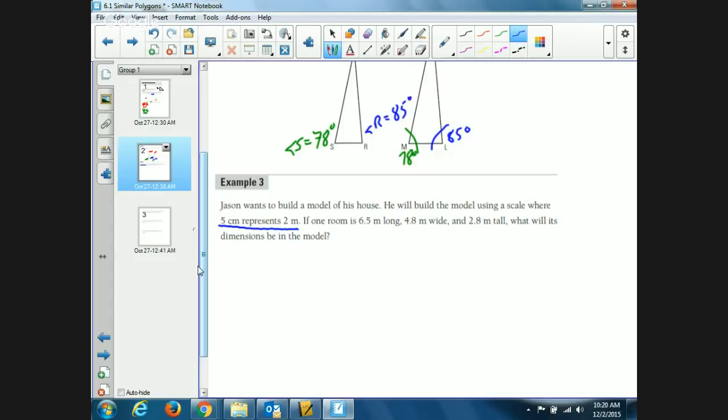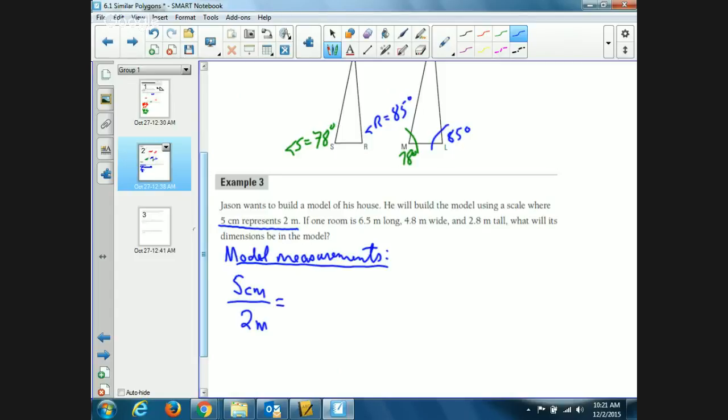We're going to find out the model's measurements for everything. We know that in the model, 5 centimeters is going to represent 2 meters from the real length in the room. And it's pretty obvious that centimeters should be the model, right?